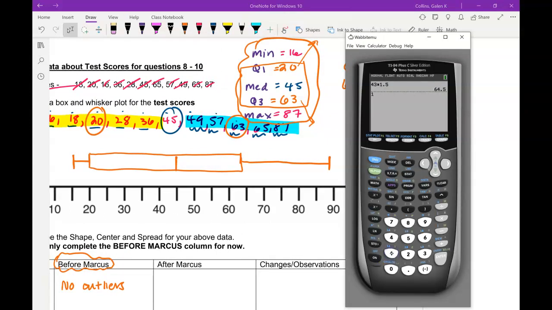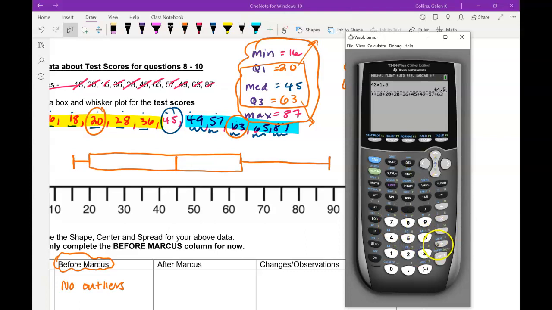So 16 plus 18 plus 20, plus 28, plus 36, then what, 45, 49, sorry, I should have done this before I was filming, 57, 63, oops, that was just the 3.